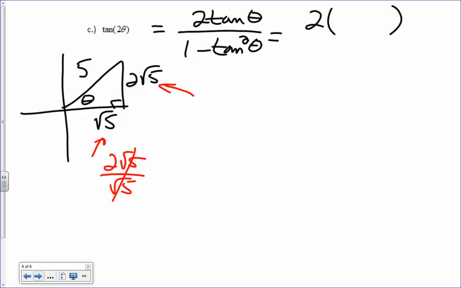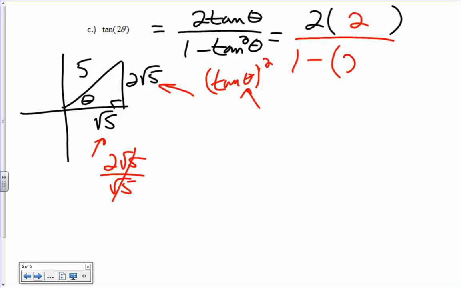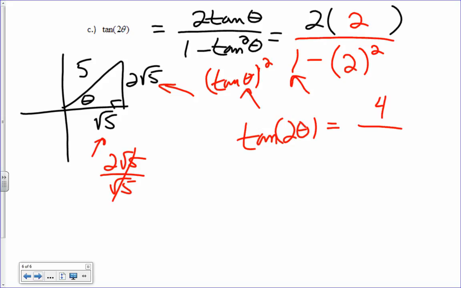So tangent of theta is just 2, over 1 minus, again, this is asking for tangent of theta squared. Well, tangent of theta is just 2, which we can square. We got 4 over 1 minus 4, so -3.